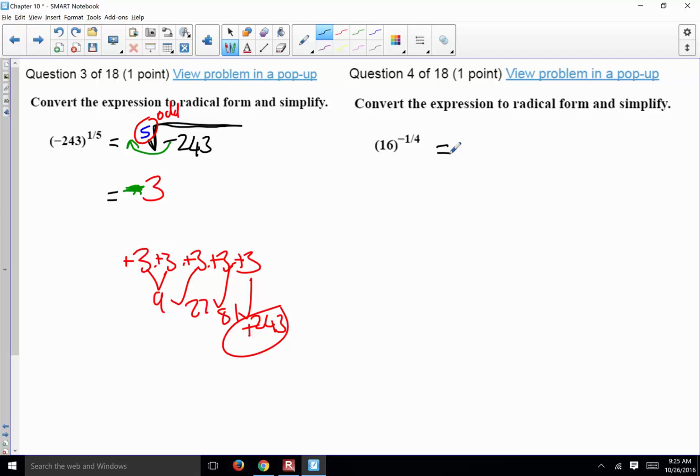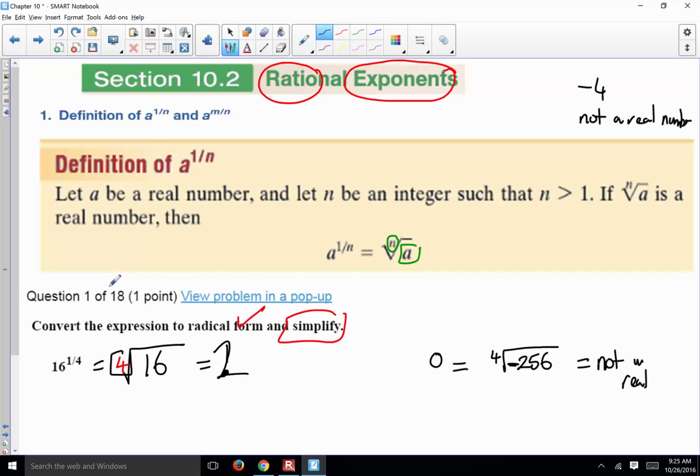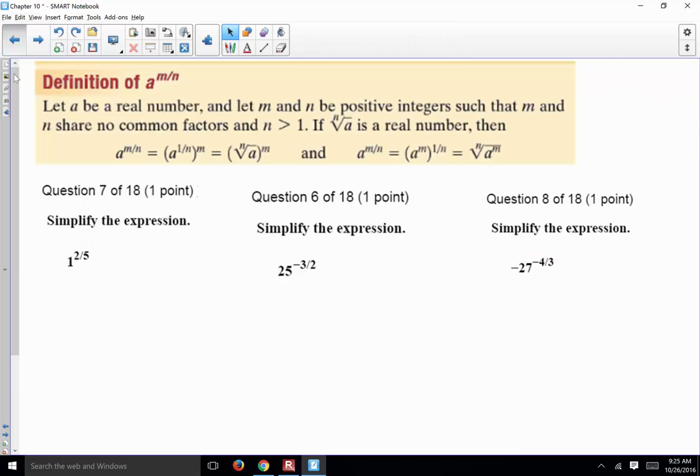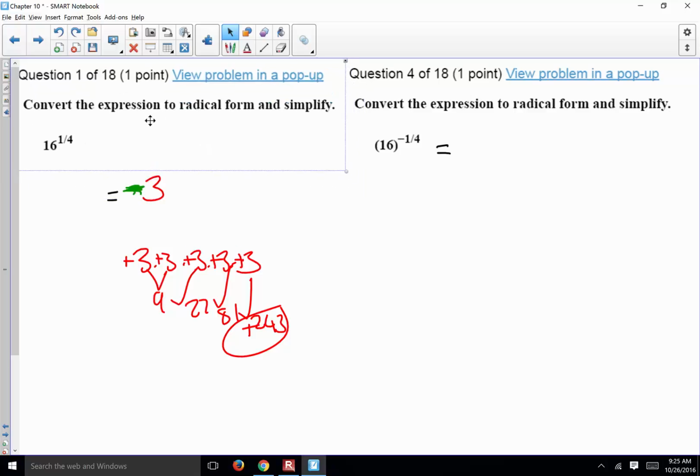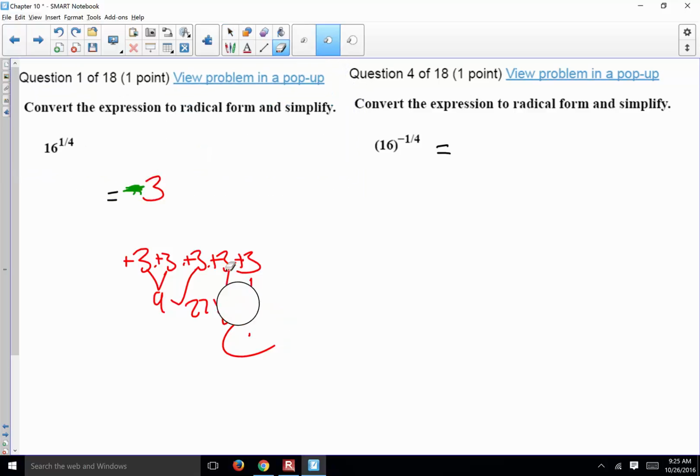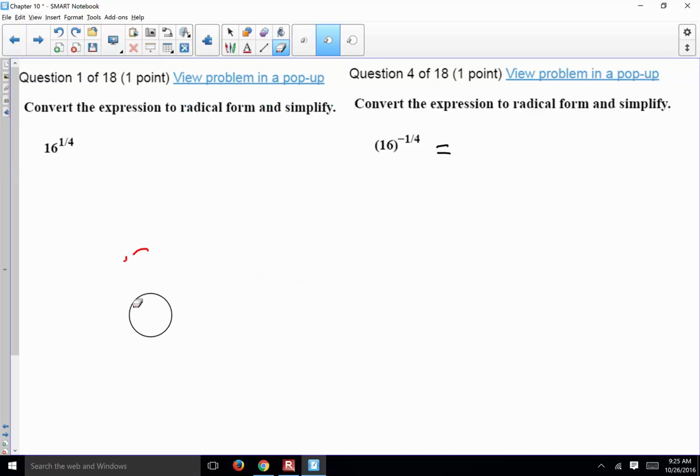Please compare number 4 to number 1 and tell me the difference. Here is number 1, number 4, side by side. What is the difference? Yes, we have a negative sign in the exponent.